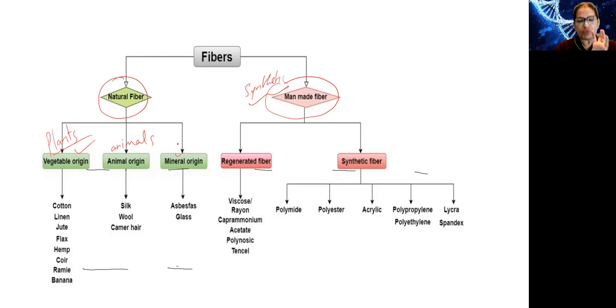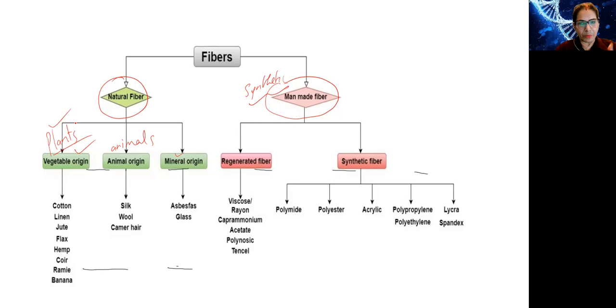Okay, so the basic material we require for fabric is fiber. Now, where can we get the fiber from? We can either get it from natural products, or it can be man-made, which is synthetic. So if we are talking about natural, what is the source for these fibers? They can be plants.